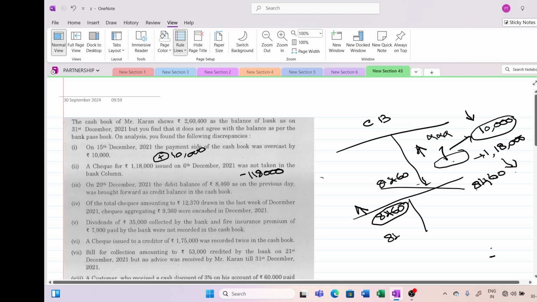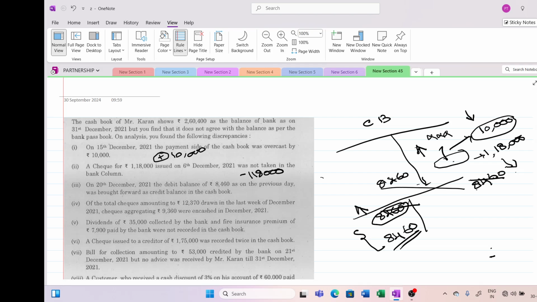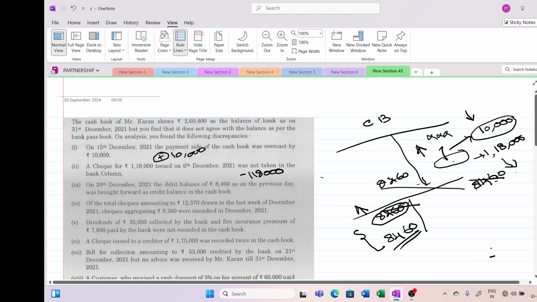Okay, but this will only nullify the error. But you need one more 8460 here, so that your balance comes proper. So this would have happened in it. So you have to give a double effect to this. Okay, so you have to add back. Here you have reduced 8460. Instead of increasing, you have decreased 8460.